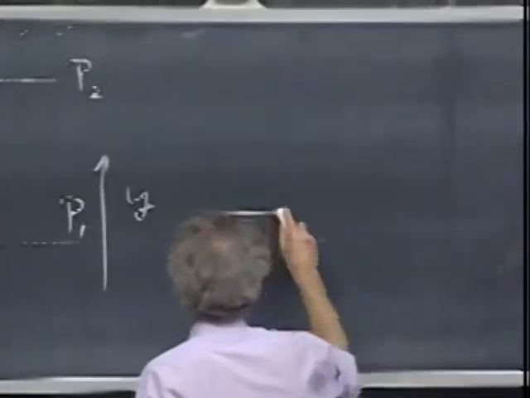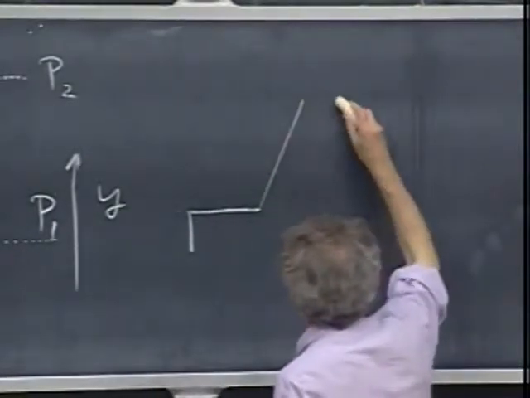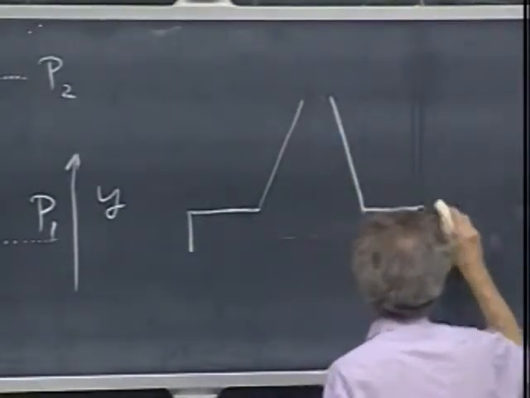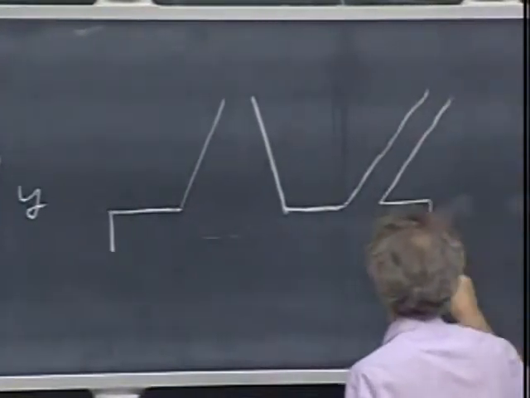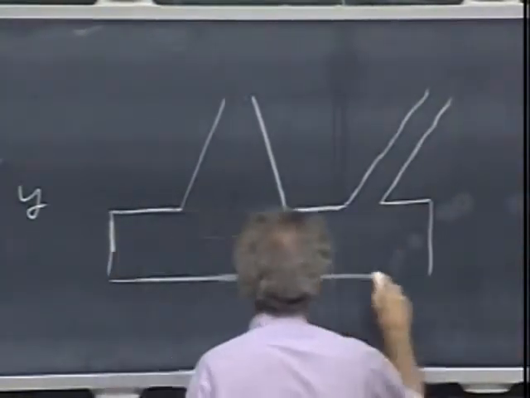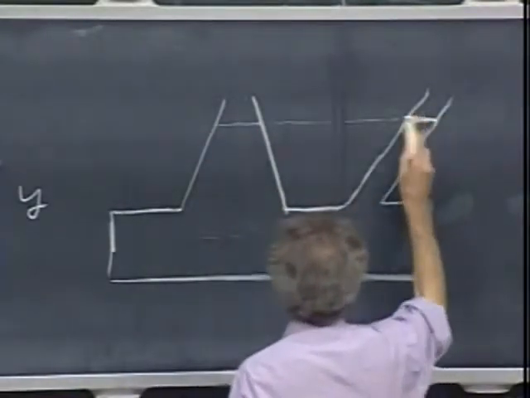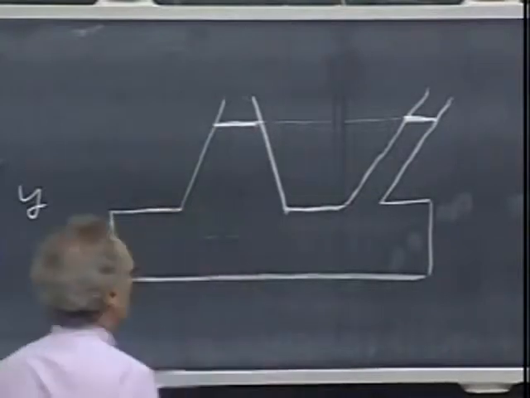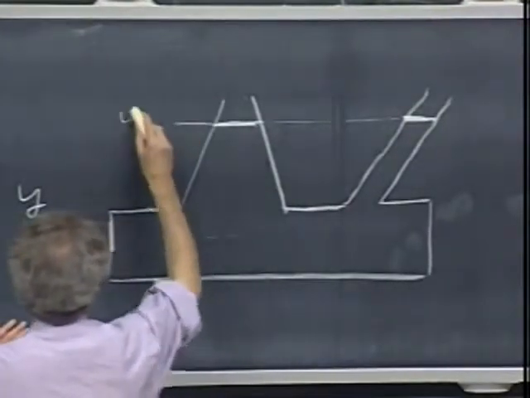This has quite bizarre consequences. Suppose I had a vessel that I fill with a liquid that had a rather strange shape, like so. I would fill it with liquid to this level, and the level here is y2.